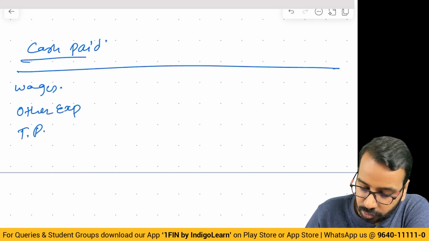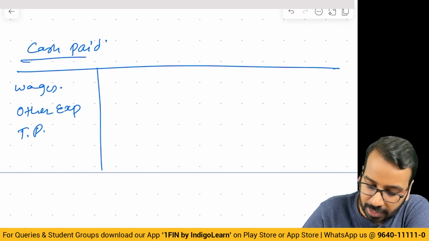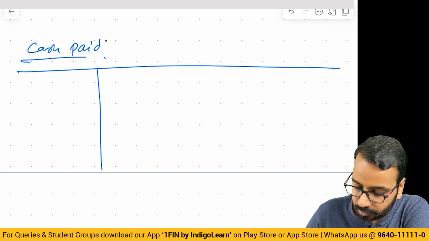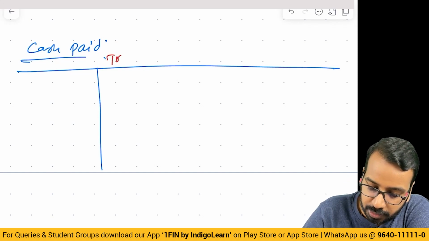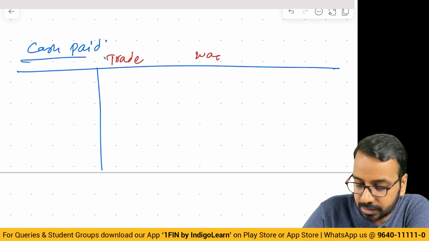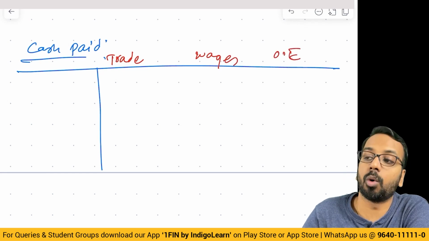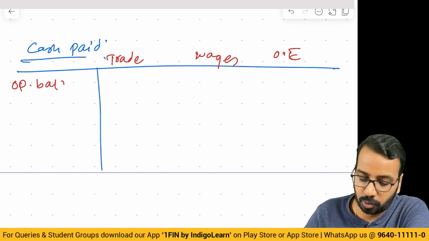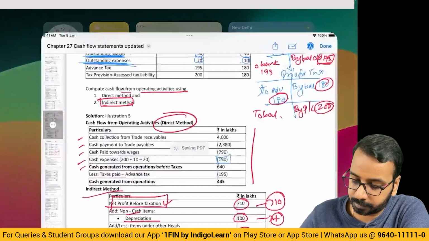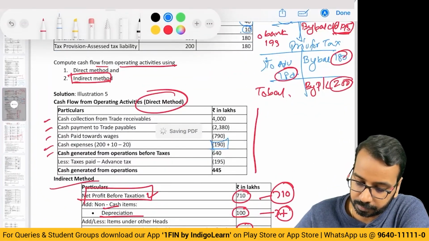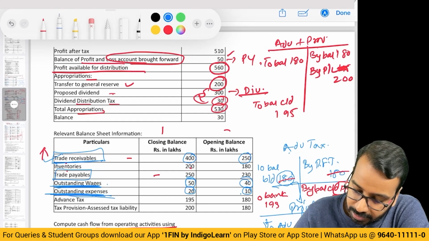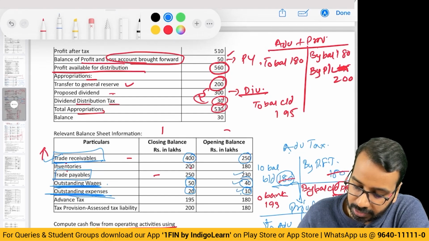What you can do for all of this is put the headers: trade payable, wages, other expenses. Then you can say what is the opening balance. Let us say the opening balance is 230, 40 and 10.